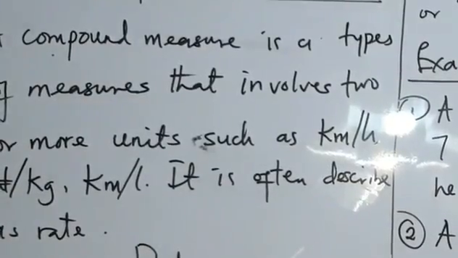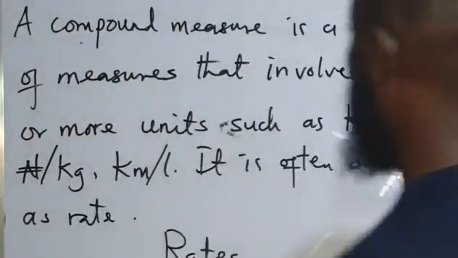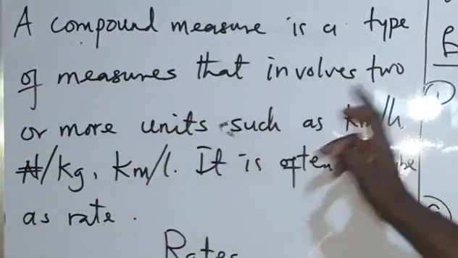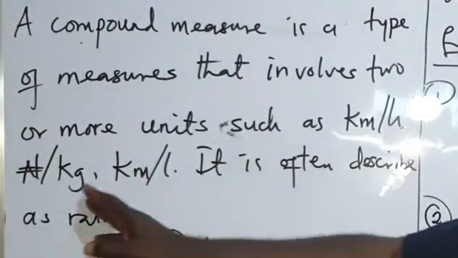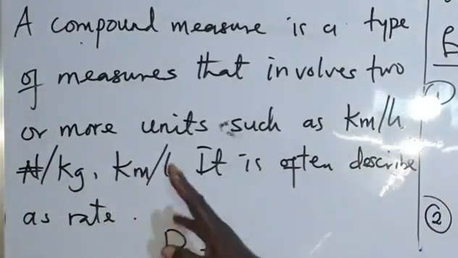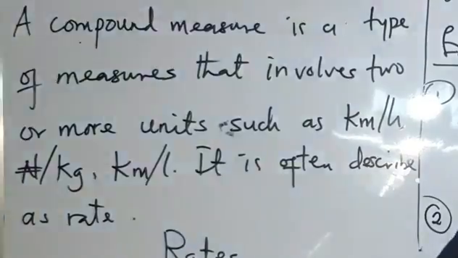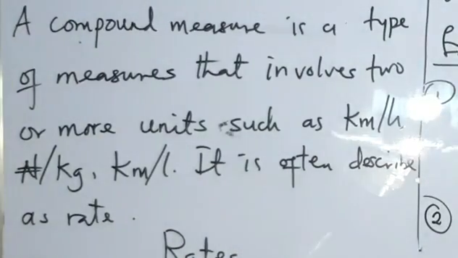Okay, this is just short notes on compound measures. As I've explained earlier, a compound measure is a type of measure that involves two or more units, such as kilometer per hour, naira per kilogram, kilometer per liter, and so on and so forth. Then it is often described as what? Rate. So when we're talking about compound measures, we are also referring to rates. That will lead us to what a rate is.